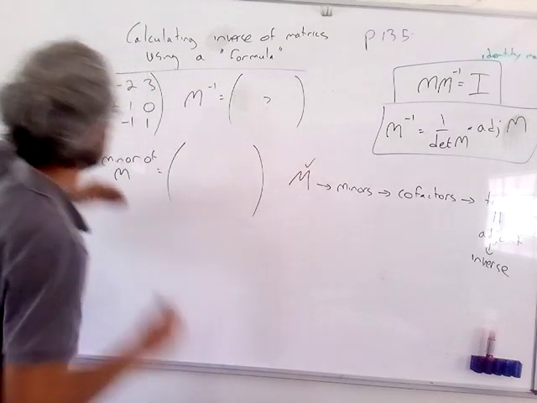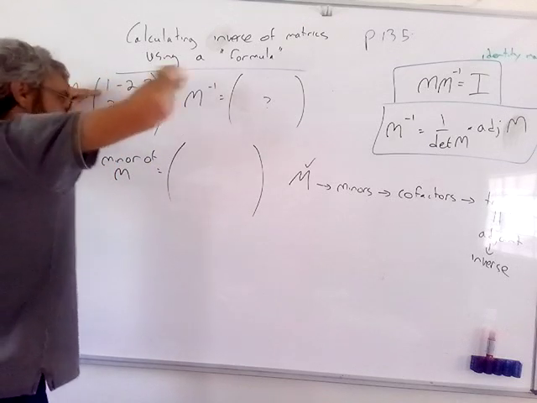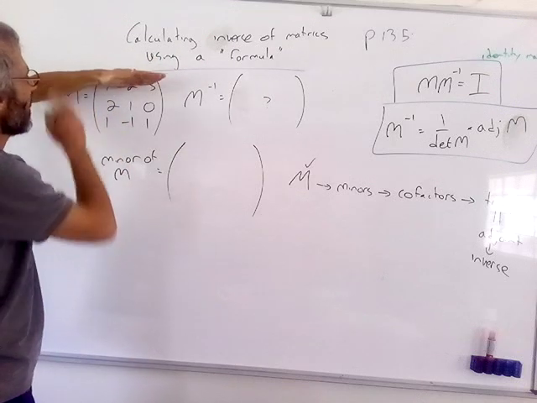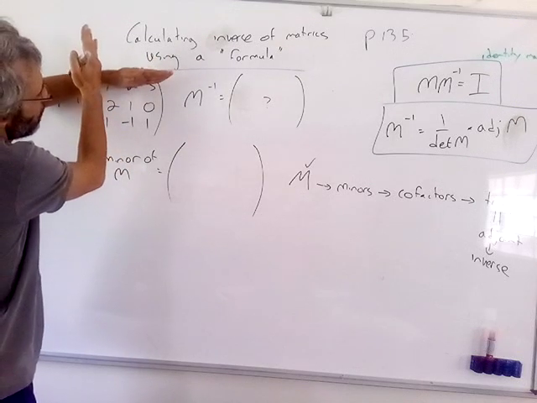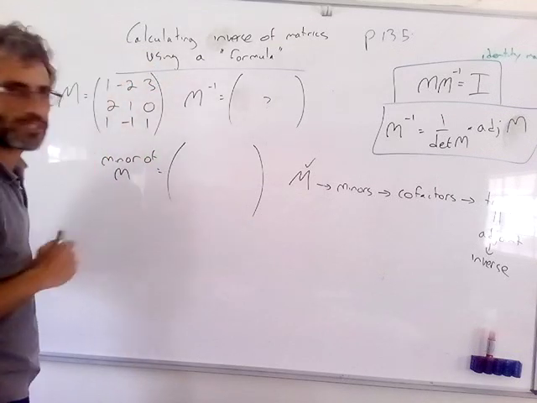Remember what we do: we draw a line, or a hand, horizontal or vertical, and we end up with, in this case, a 2 by 2. And what we're going to do is just find the determinant.